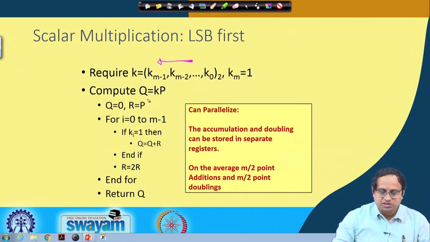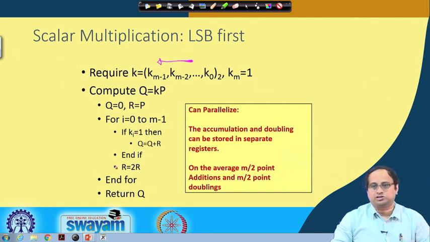In these variations, we basically have two registers, a register Q and a register R. I initialize Q to 0 and R to P. Now, if Ki is 1, then I do Q plus R, that means I add these two registers and store the value in Q. Rather, I do a doubling operation in R always.